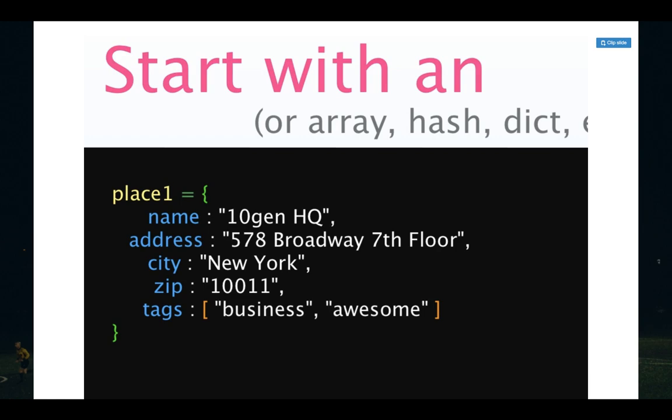In this slide, you can see we have an object, place1, which contains key-values like name, address, city, zip, and tags.